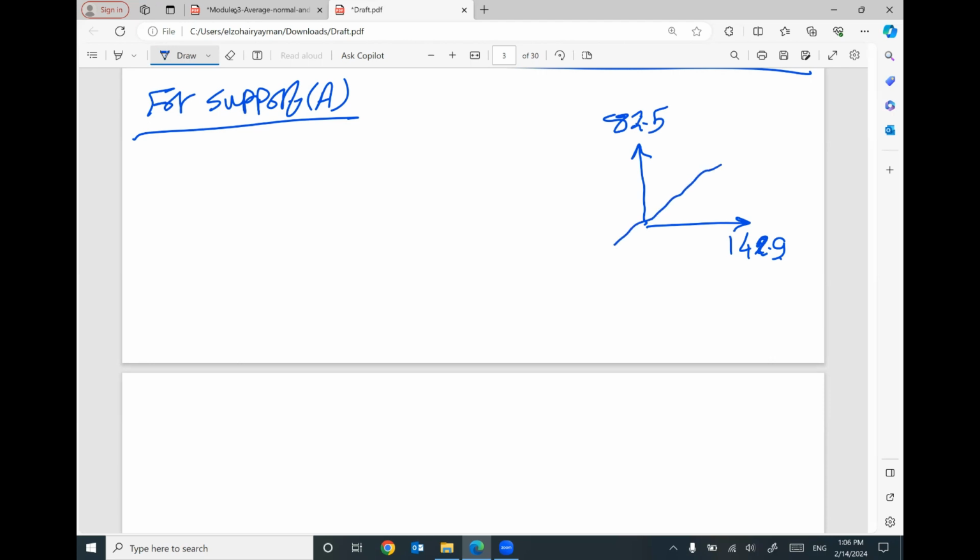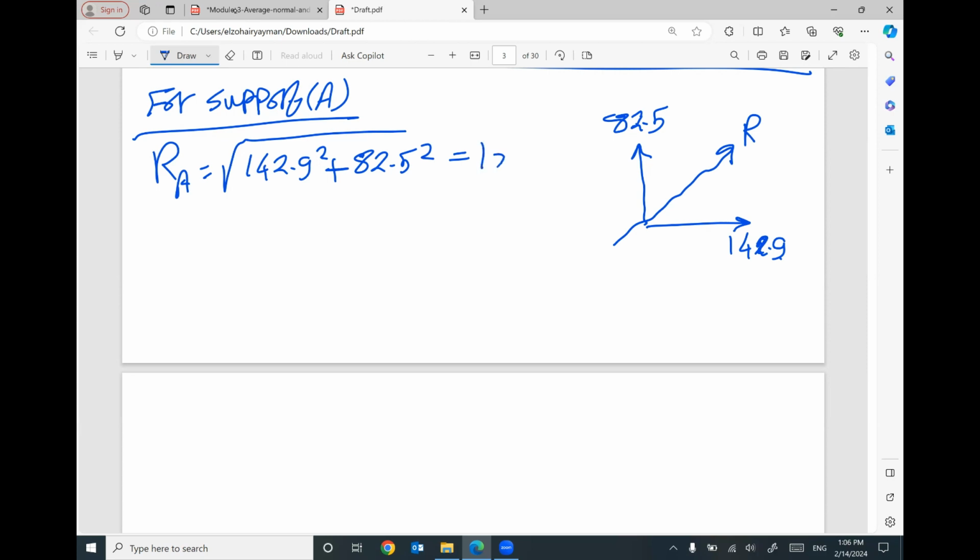So the resultant force R at A will equal the square root of 142.9 squared plus 82.5 squared. So the resultant force will be 165 kilonewton. Okay, that's fine.